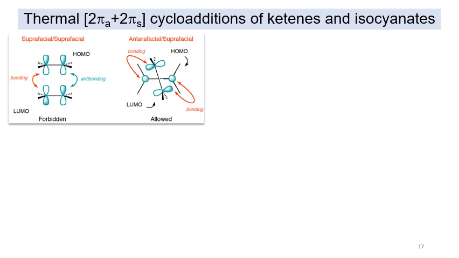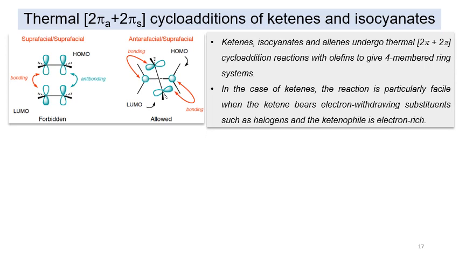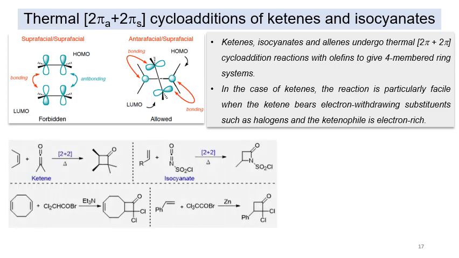So let's now consider the cycloadditions of ketenes, isocyanates and allenes. These can undergo a 2 pi plus 2 pi cycloaddition to give a 4-membered ring system. In the case of ketenes, the reaction is very facile when the ketene bears electron withdrawing substituents such as halogens and the ketenophile is electron rich.